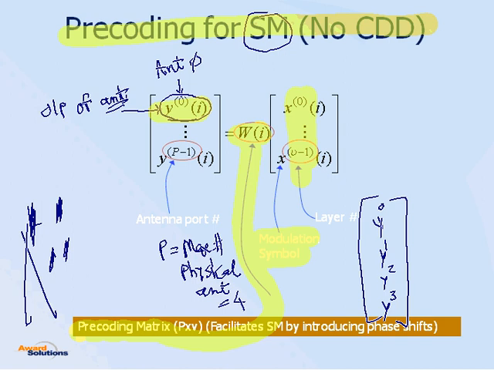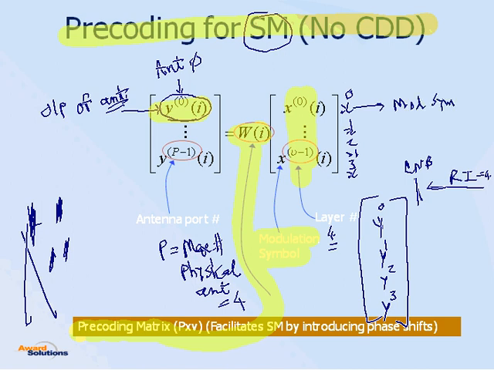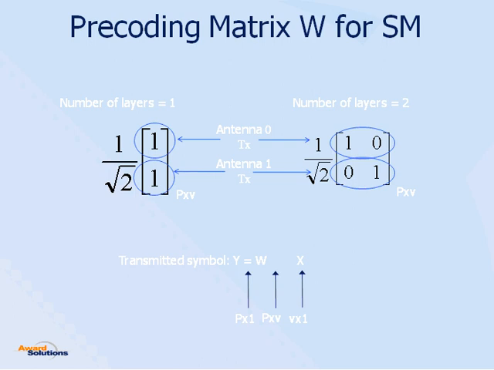For example, let's say I have 4 layers because the UE has sent rank indication 4 to the eNodeB, so the eNodeB wants to use 4 layers. So we will have X0, X1, X2, X3. This is one modulation symbol, this is another modulation symbol. So we have up to 4 modulation symbols. I will multiply the pre-coding matrix by a set of modulation symbols. Now let's take a simple example.